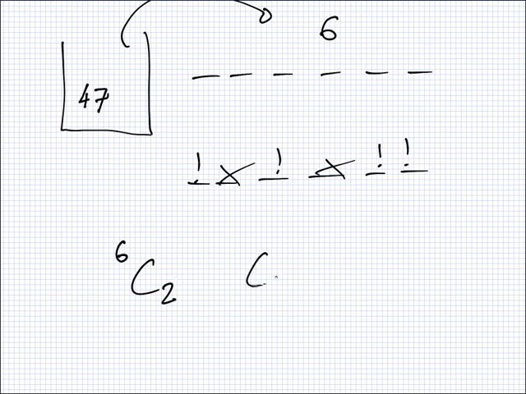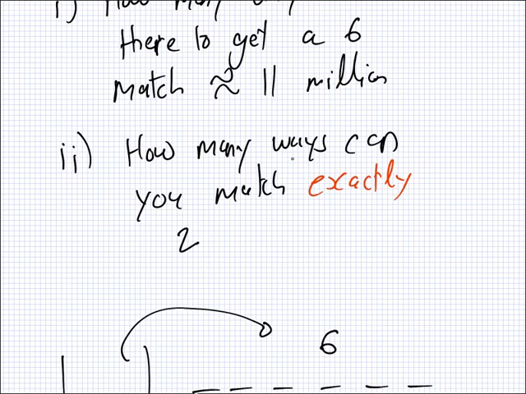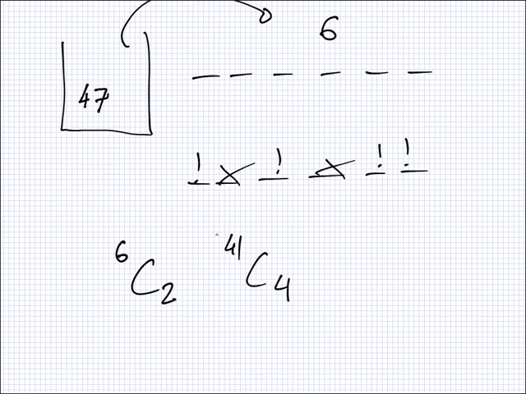You're also picking 4 losers from a group of 41 losers. Well, you don't have to be losers. No, but that's why I emphasize the word exactly. When I said I want exactly 2 winners, you pick 2 numbers that won, but that means the other 4 numbers are losers. So it's 6 choose 2, and then 41 choose 4.